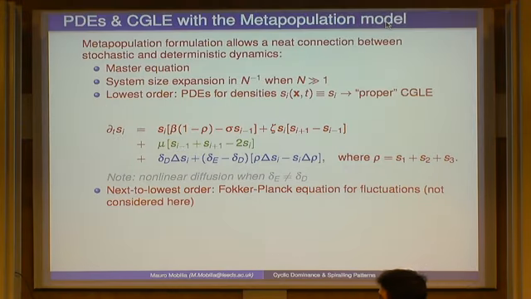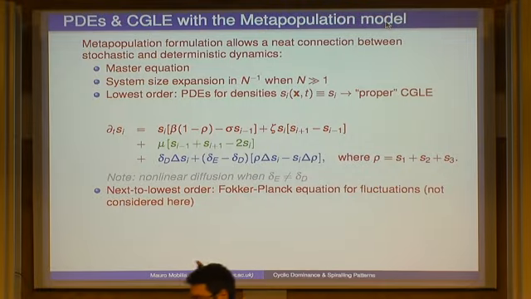And for this, I think we heard already in this program how to proceed. Basically, you can write down the master equation that describes the dynamics of the system, which in principle you can write down, but it's difficult to handle. So a way to go ahead is to proceed with a system size expansion in 1 over n. n is the carrying capacity of each of these patches.